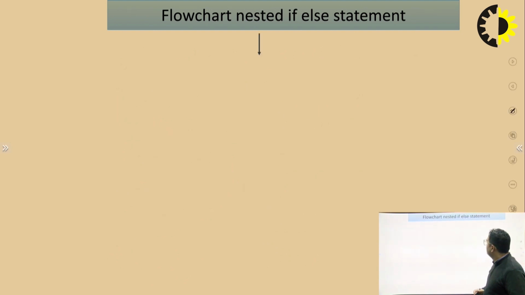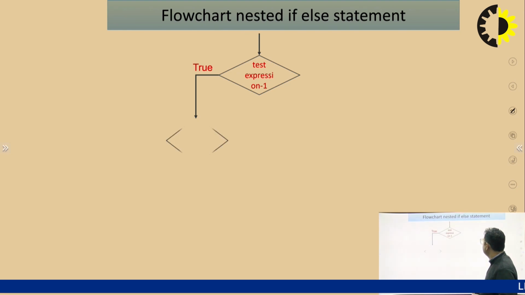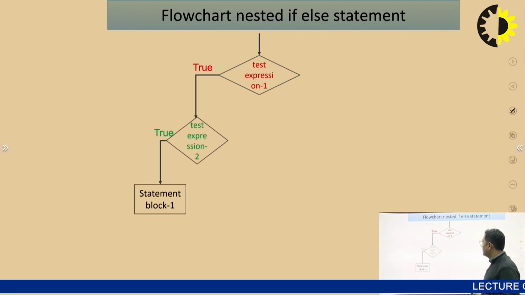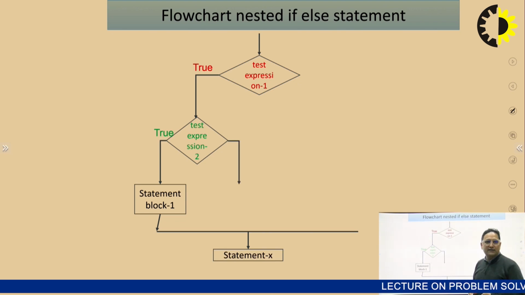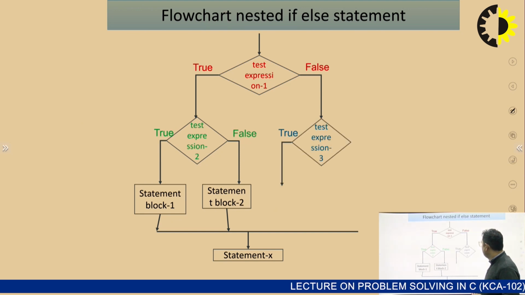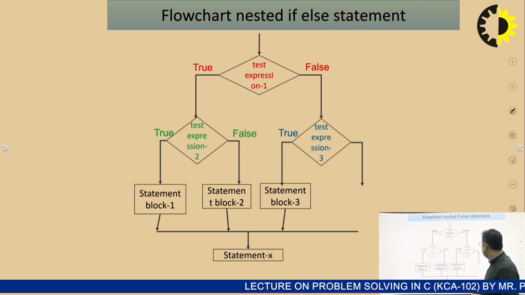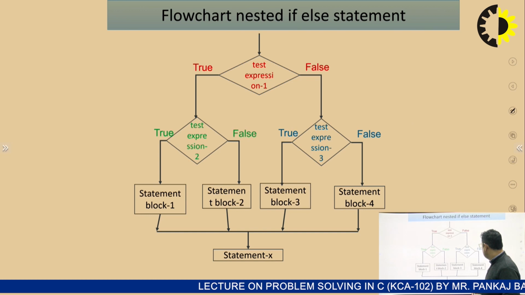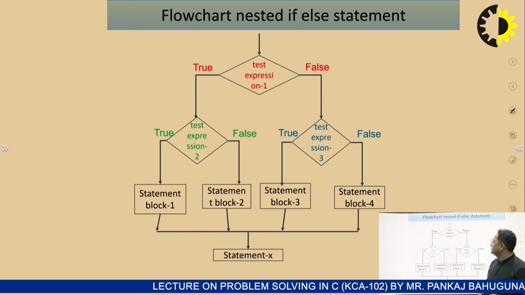All right. So the flowchart of the nested if else statement. It will be a little complex one, but we will be able to understand it. So don't worry about that. We will be able to quickly understand it. Let's have a quick look at this. So what is happening?